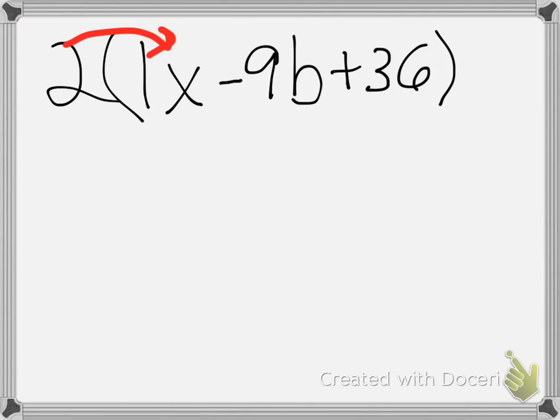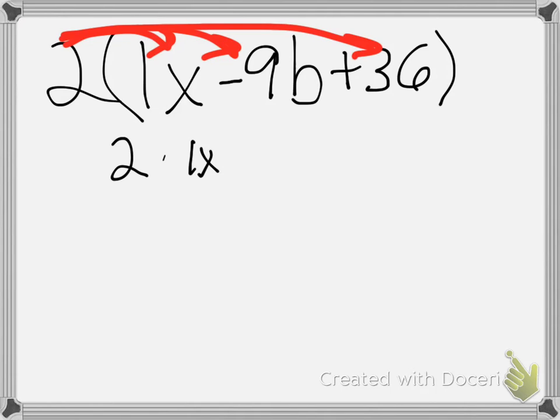If I distribute 2 to all 3 of these, I will get 2 times 1x minus 2 times 9b, because it was a negative 9b, and then plus 2 times 36.